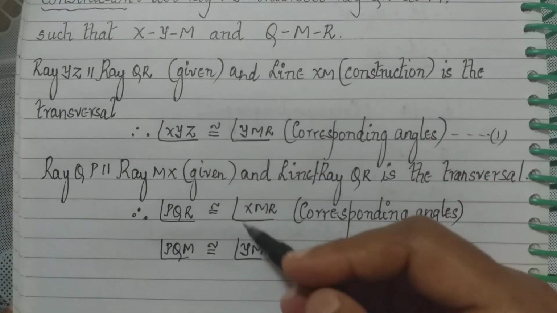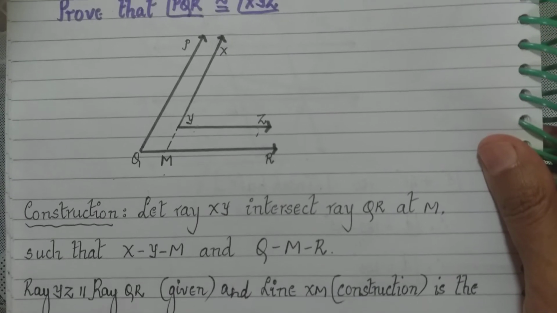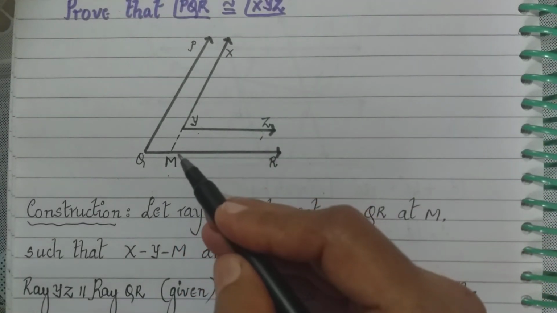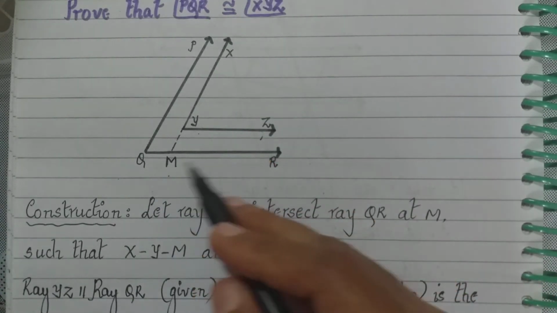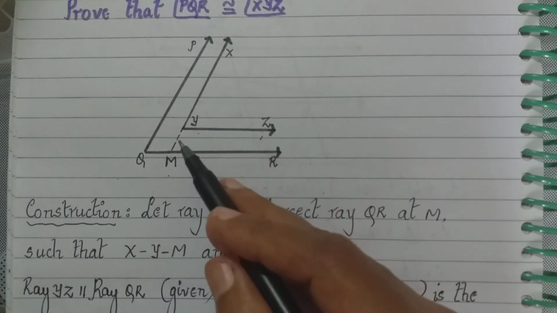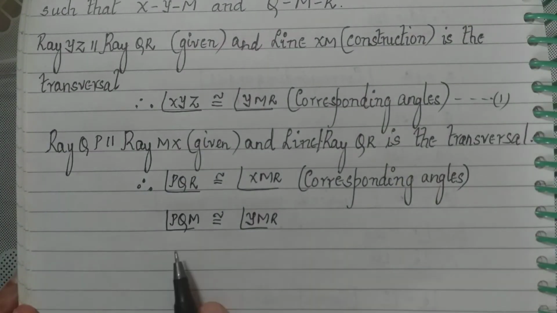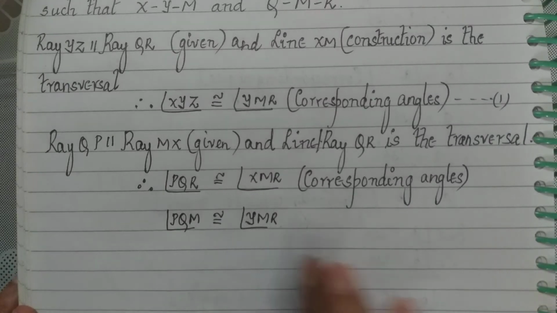What is the other one? One is angle XMR, the other is angle YMR. So here angle XMR. So we are talking about this angle. Whether I am taking XMR or angle YMR, I am still talking about angle M only. So this angle. So I have written like that, angle PQM congruent to angle YMR.